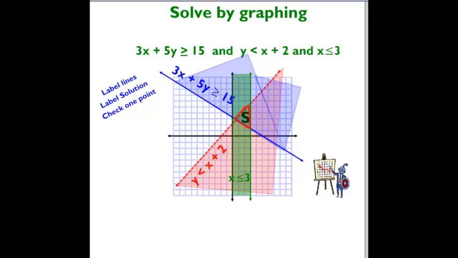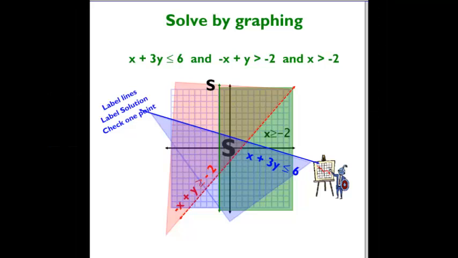You should also please show a check of some point. I used 2, 3, I believe, and you need to show it in 3 equations this time. Okay, so make sure you've done that. If you have not already done so, you might want to pause the video here and complete number 4 on your own. Come back and check your answer with the video.